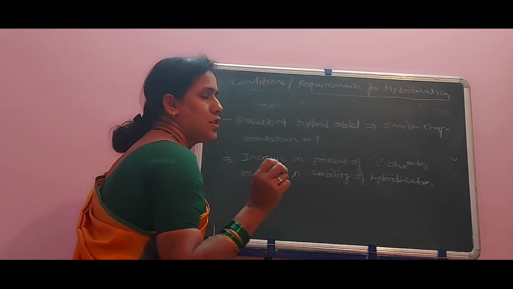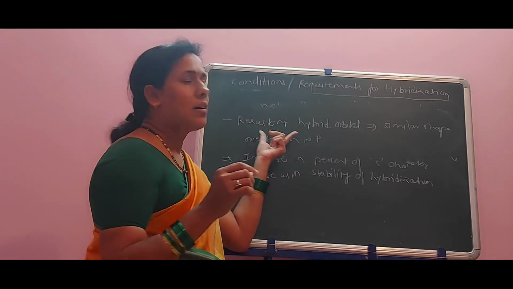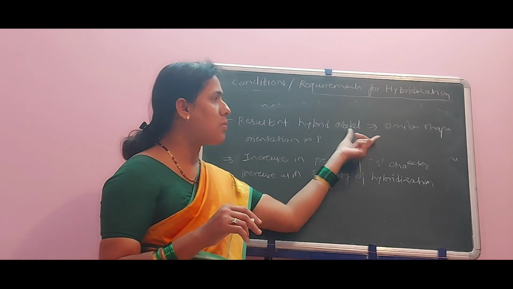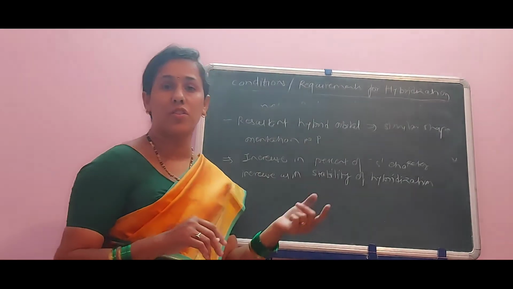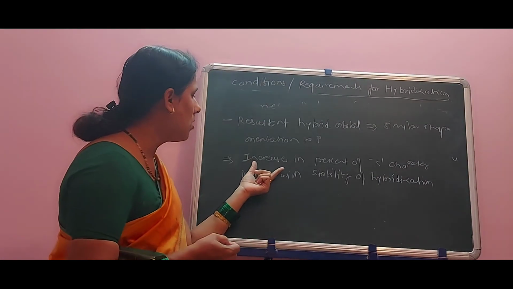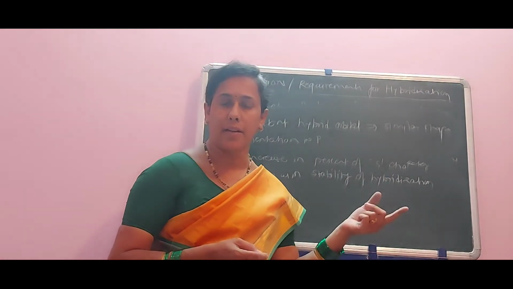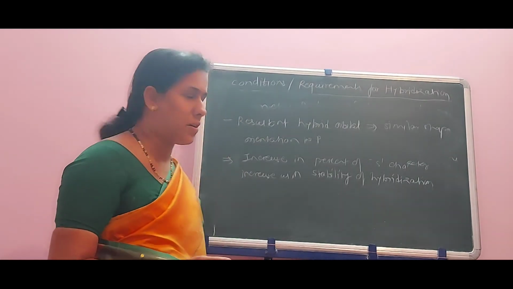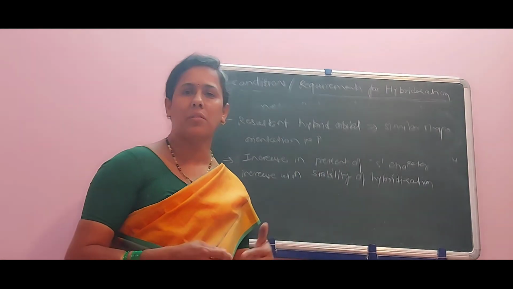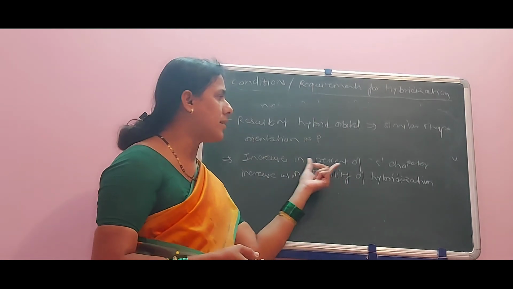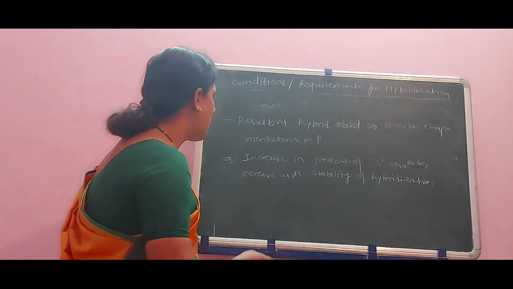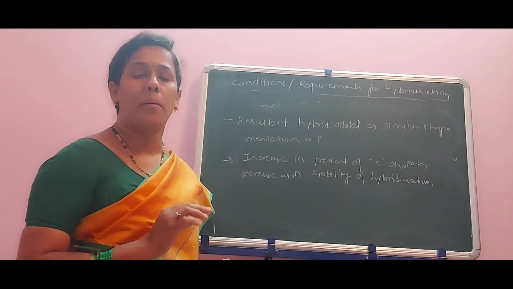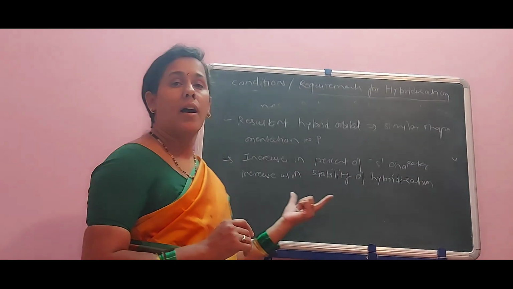So the next requirement is that resultant hybrid orbitals should have similar shape and orientation in space. Also, the increase in percent of S character is a point we discuss under electronegativity: as the electronegativity increases, there is an increase in percent of S character. That is why increasing percent of S character increases the stability of the hybridized orbitals and the hybridization.